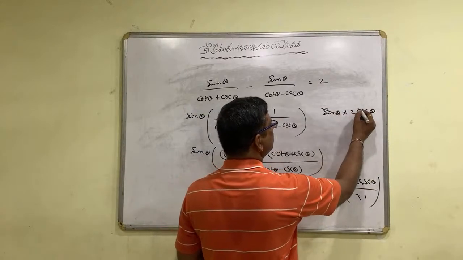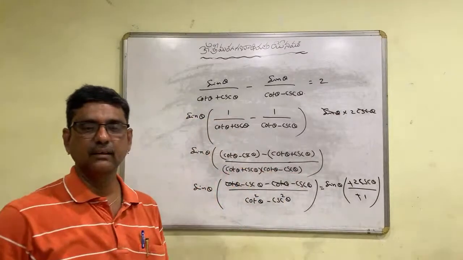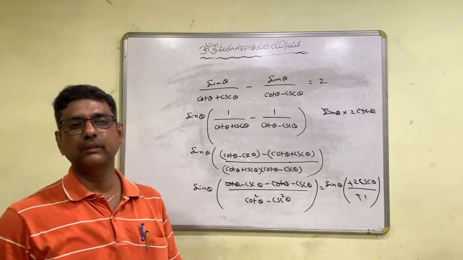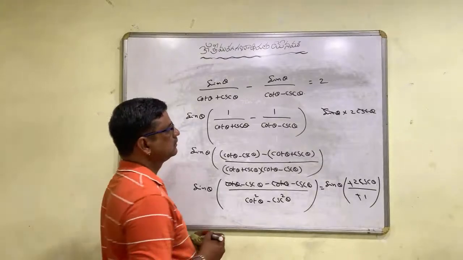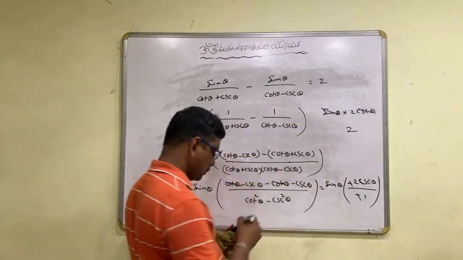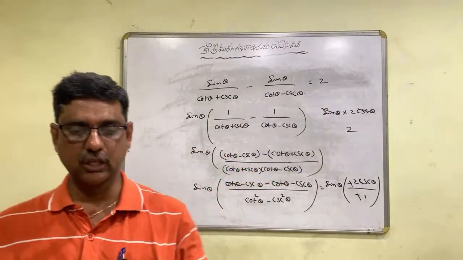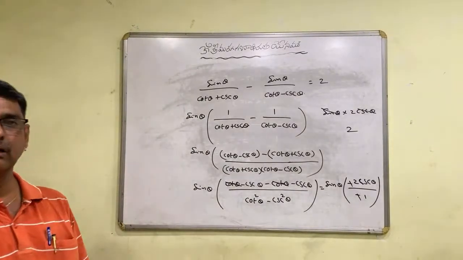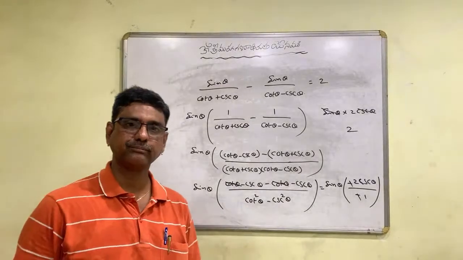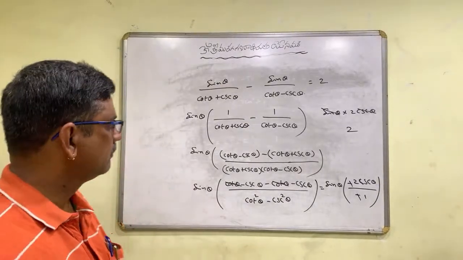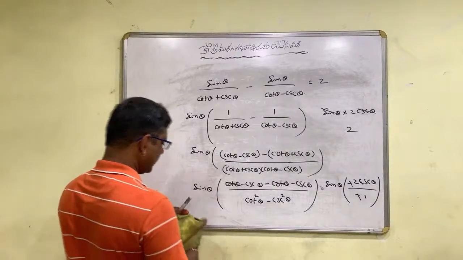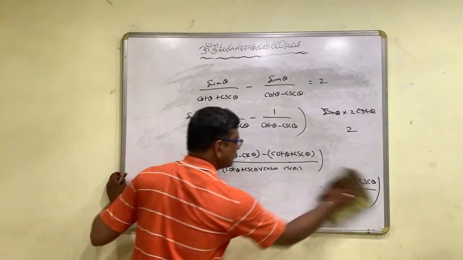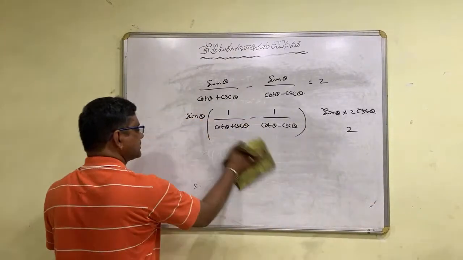And these two are reciprocal to each other, na? Sin theta and cosecant theta are reciprocals of each other. So the result is 2. We got the answer. Understand, children? Very nice.